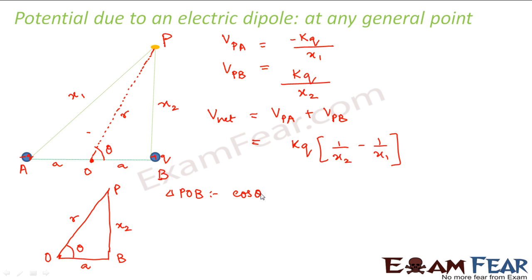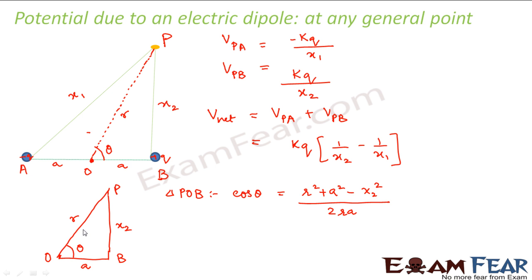In triangle POB, we can say that cos theta is equal to, you know this formula, right? Cos theta becomes equal to r square plus a square minus x2 square divided by 2ra. You would have studied this in your trigonometry classes. It says that cos theta is equal to the sum of the squares of the other two sides minus the square of the opposite side. For cos theta, the opposite side is x2.